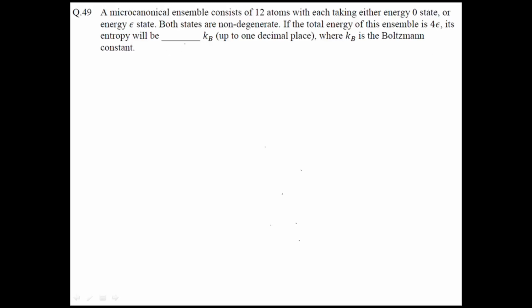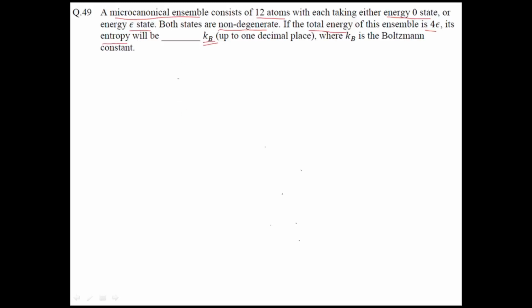In this question, they have taken a microcanonical ensemble consisting of 12 atoms, with energy levels of 0 state and E state, and the states are non-degenerate. The total energy of the system is given as 4E, and they have asked us to find the entropy of the system in terms of Kb.